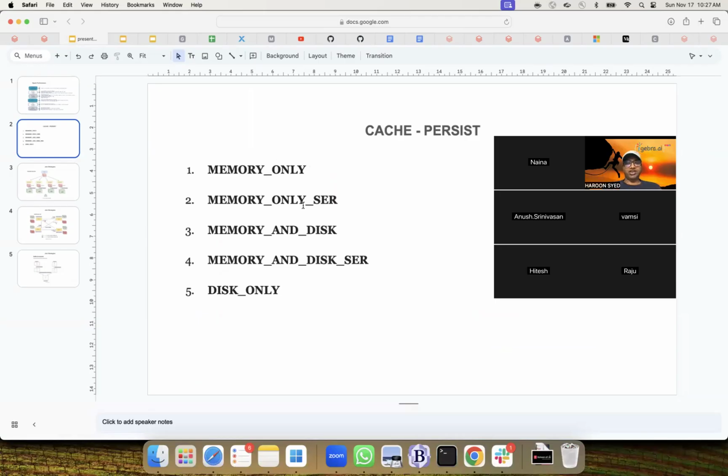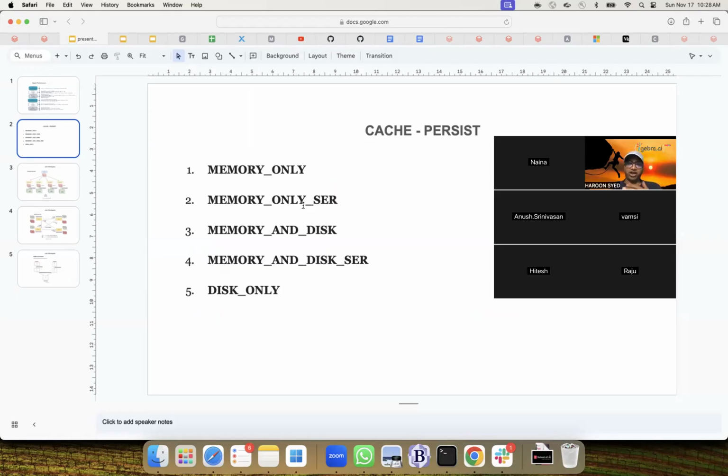Memory only serialized is memory only, but the data is serialized. When you retrieve it, it has to do deserialization as well, but it reduces the size of the data set you're storing in memory. You can store more data in memory, even if the data is bigger.